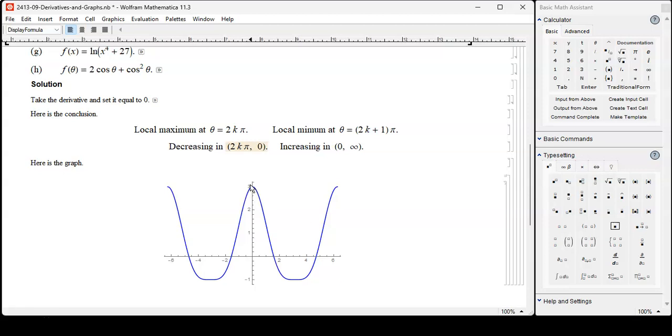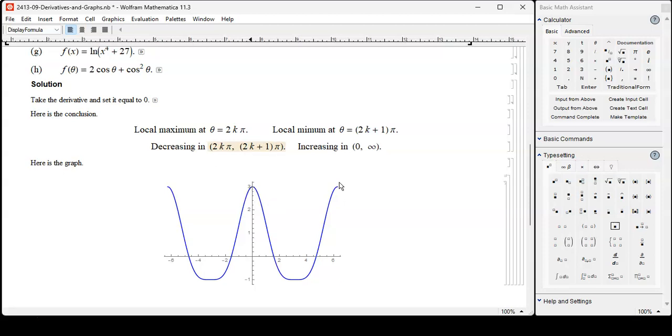So 2k pi, so k0 here, k1 here, so 0, 2 pi, 4 pi, 6 pi, and so on, to odd pi, 2k plus 1 pi, so next pi.